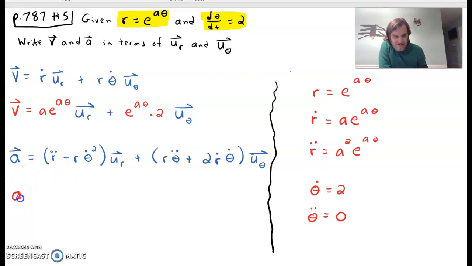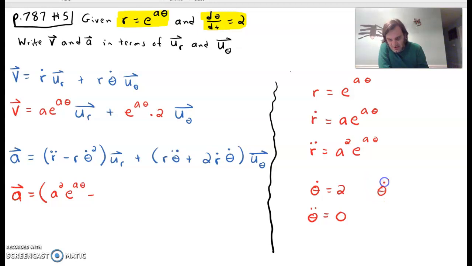So filling in the acceleration vector, we will have r double prime, which is a squared e to the a theta, minus r, which is e to the a theta, and times the derivative of theta squared.